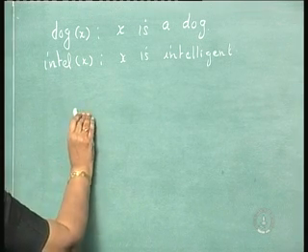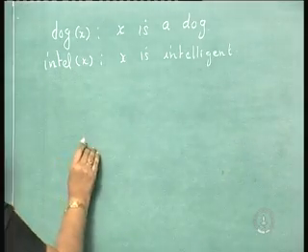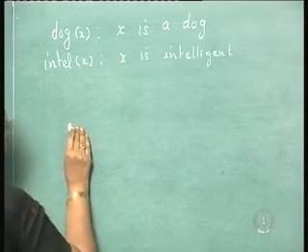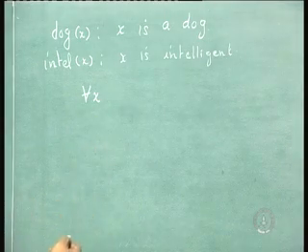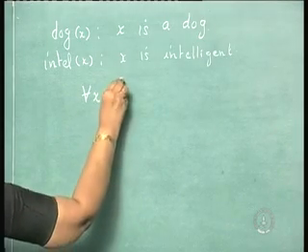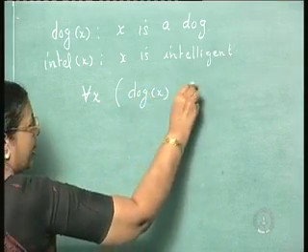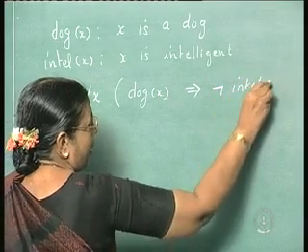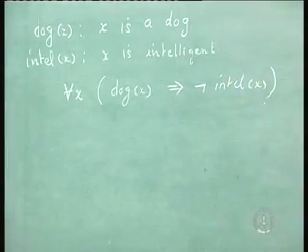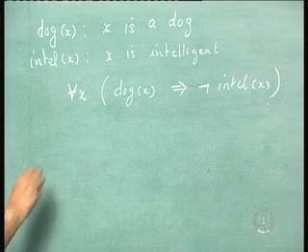So, you have to express it using universal quantifier but not existential quantifier, and using existential quantifier and not universal quantifier. So, using universal quantifier alone, this can be written like this: for all of x, dog of x implies not intelligent. X is a dog means it is not intelligent. So, no dogs are intelligent. So, using universal quantifier you can write this way.